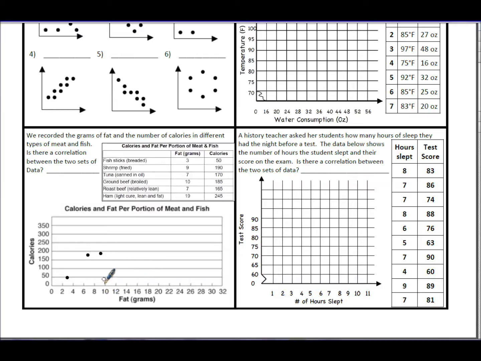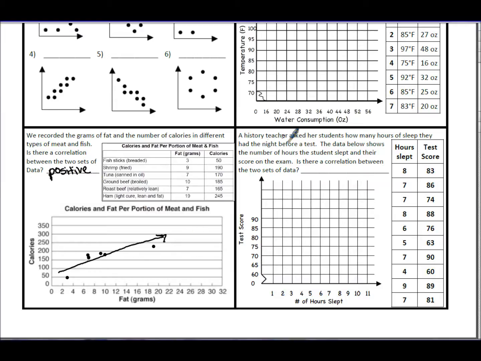Then we have 10 grams for about 185 calories, and then 7 grams that has 165, and 19 grams that has 245. So we don't have very much data for this scatter plot, but we see that for the most part, it is going up. So I would say that this has a positive correlation.